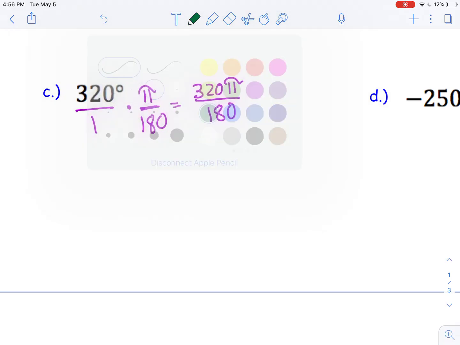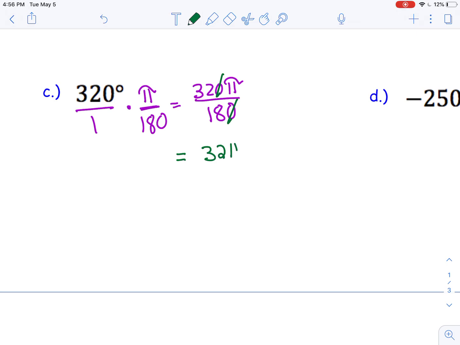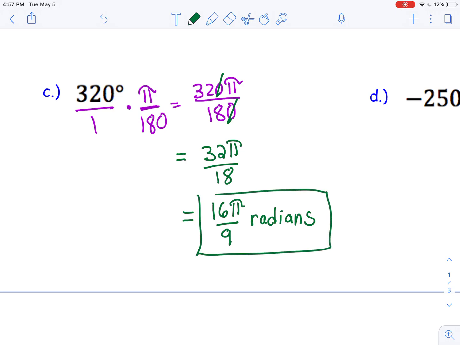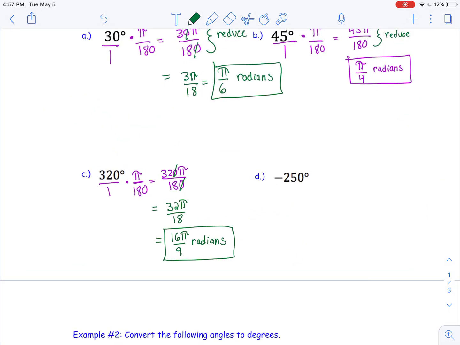I think of dividing top and bottom by 10. That gets rid of the 0, so I end up with 32 pi over 18. I can reduce that further, dividing top and bottom by 2. That's going to give me 16 pi over 9 radians for my final answer. So you notice I always keep pi in my answer.